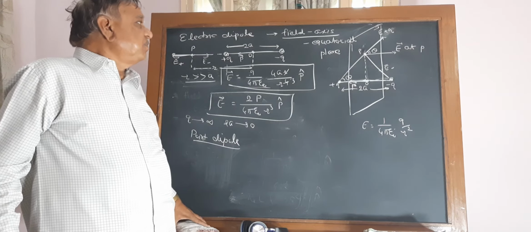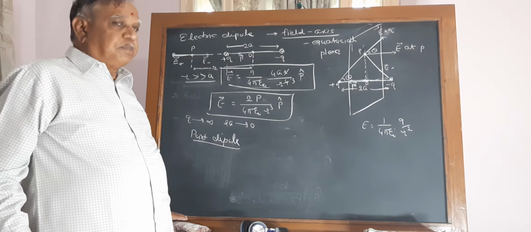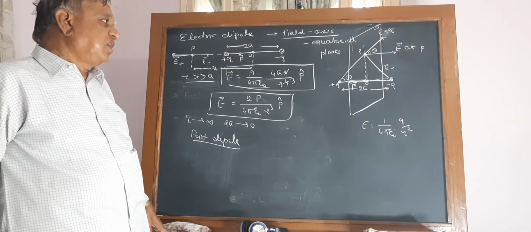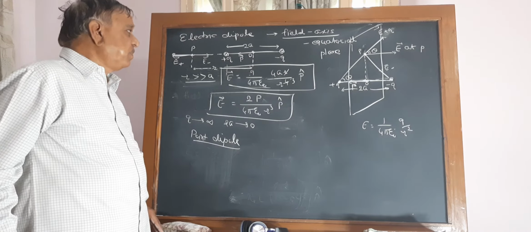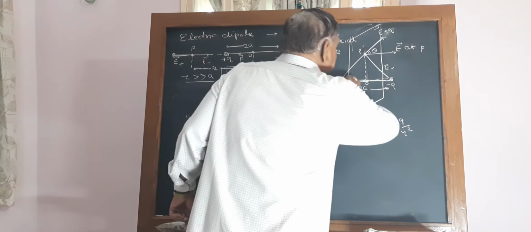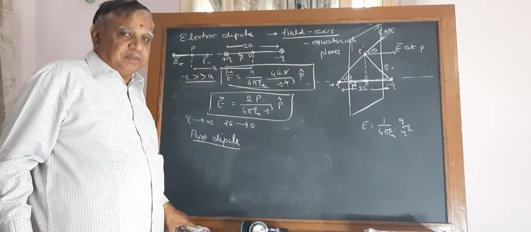Now we are discussing the second case: field on the equatorial plane or equator. As you know, the line passing through both the charges is known as the axis.